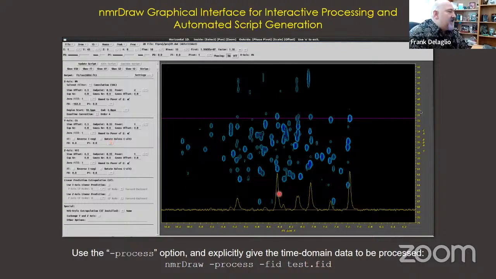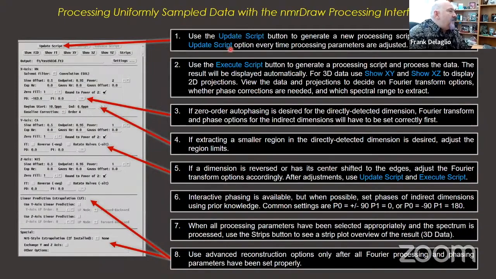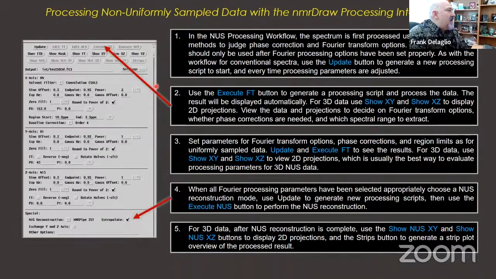And we'll see examples of those. The slides have some notes about how to use these processing panels for uniformly sampled data and non-uniformly sampled data, and perhaps we'll see some examples today.